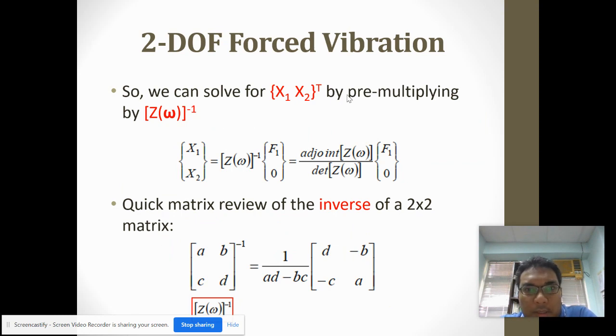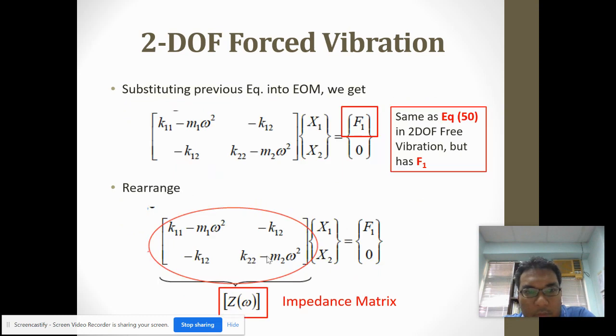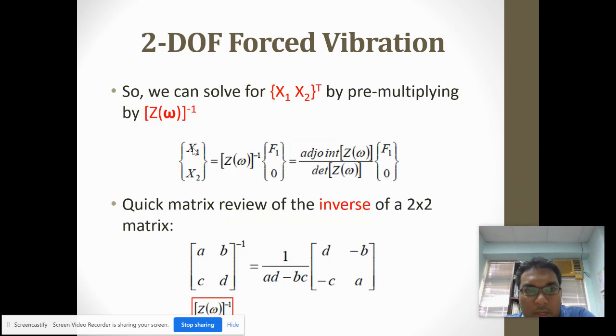So when we move this matrix to the right hand side, it becomes an inverse matrix, and the left hand side remains as x1 and x2.